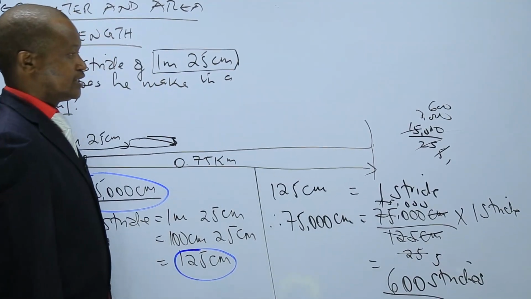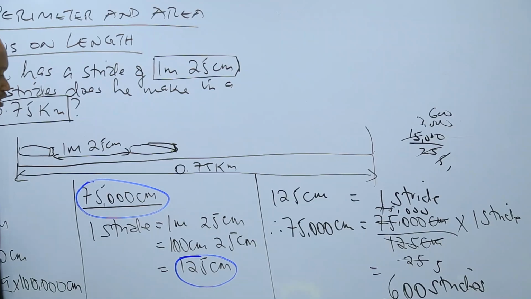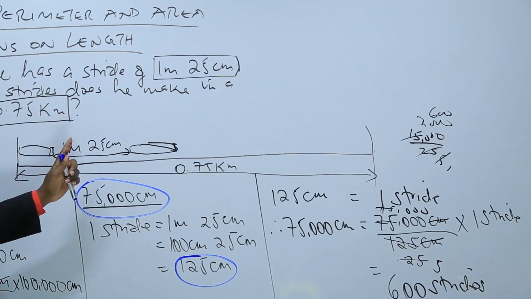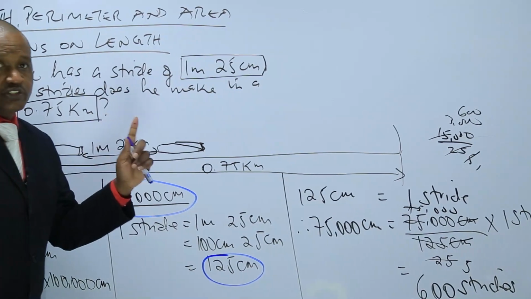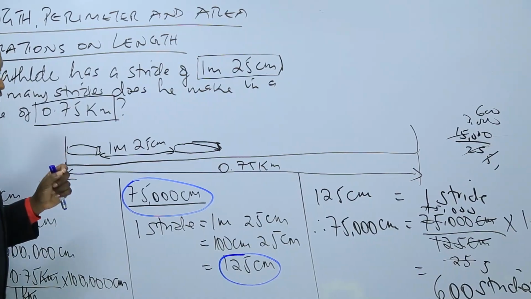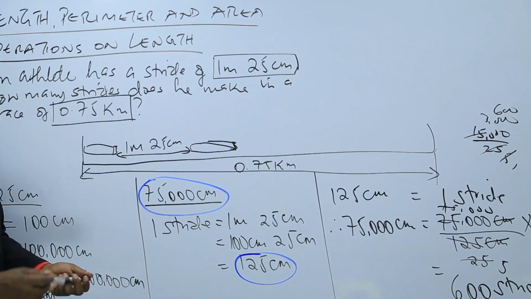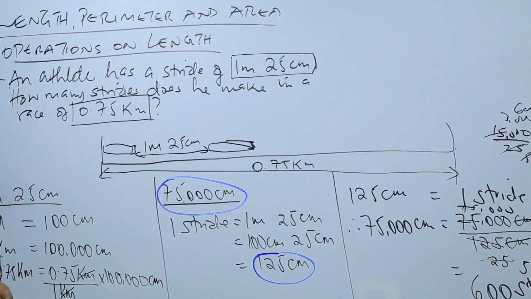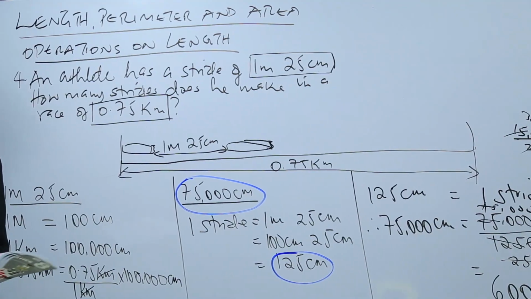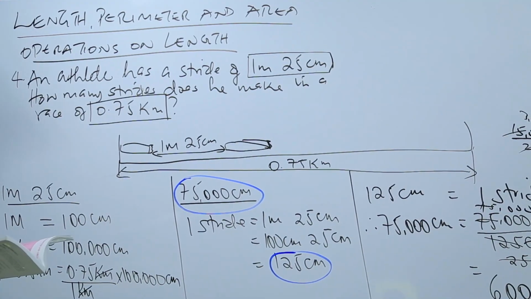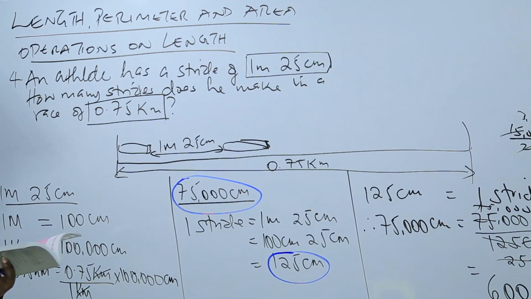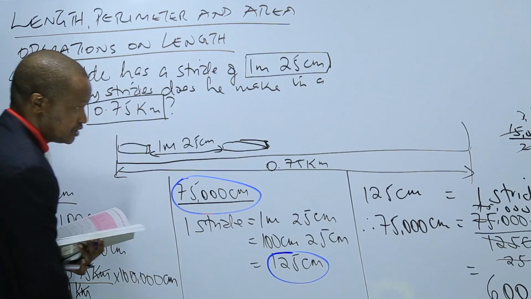So learners, that is what is expected when answering these questions. These are operations on length. So we have done 4 questions. I want you to go and attempt question 1, C, D, and E. This will be your exercise.